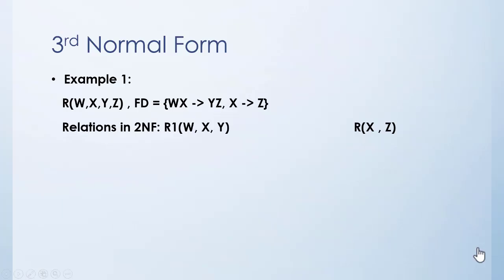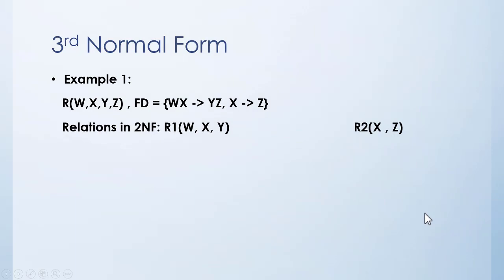In this example, we have already discussed this in the case of 2NF. We have seen that the actual relation R was not in 2NF because x determines z, making wx determines yz a partial functional dependency. That is why we decomposed R into two smaller relations.